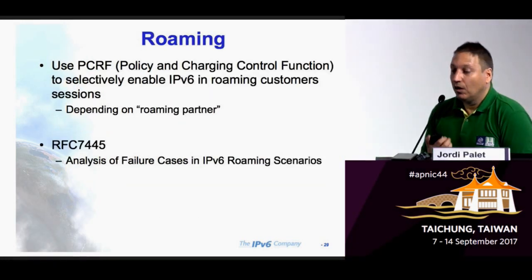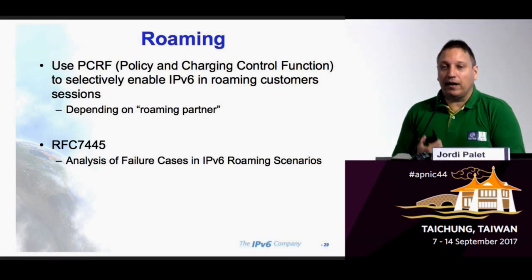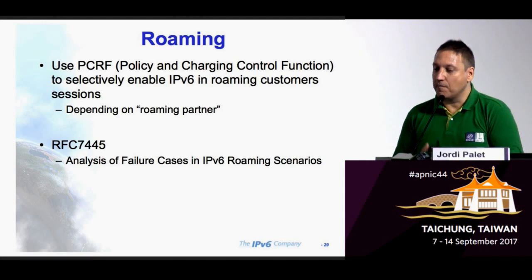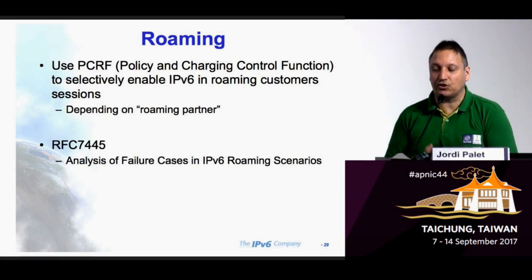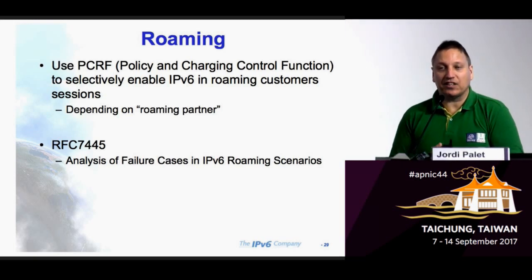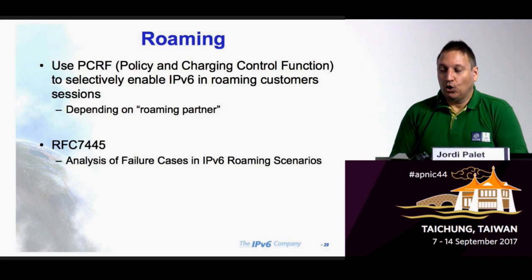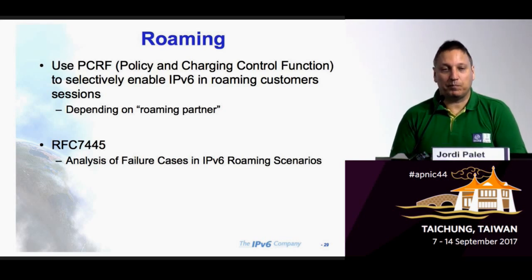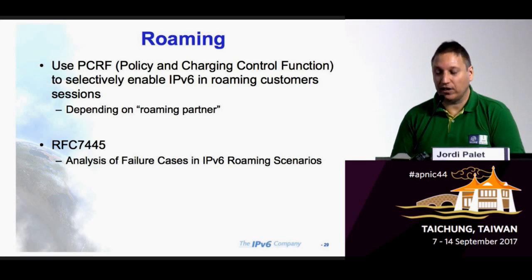Roaming. You can enable IPv6 inside your network, but at the same time, you can use what we call the policy and charging control function to enable, in a selective way, which roaming customers get IPv6 sessions, okay?